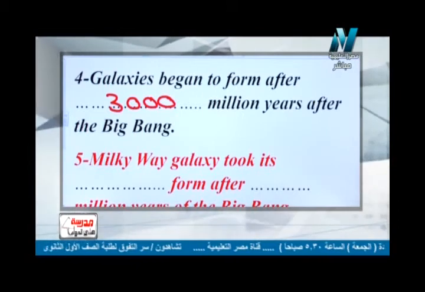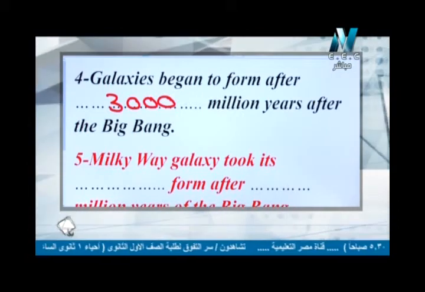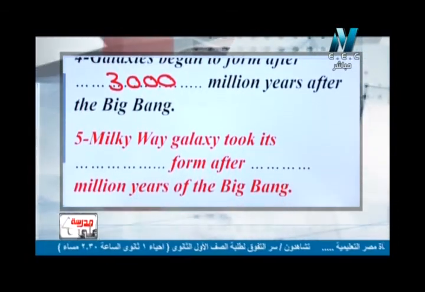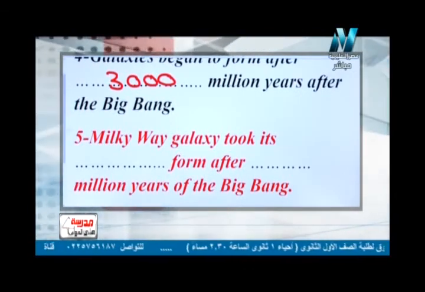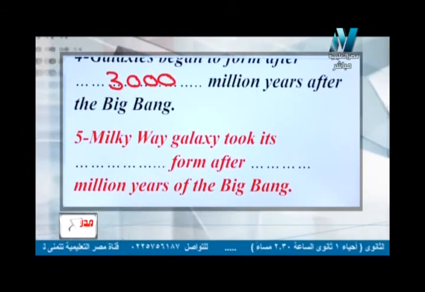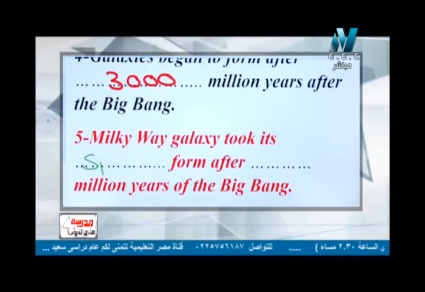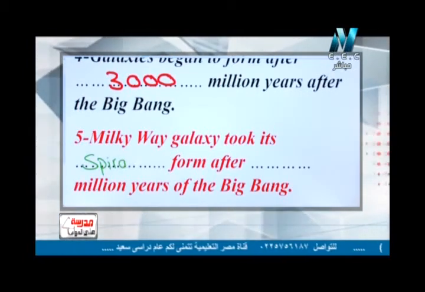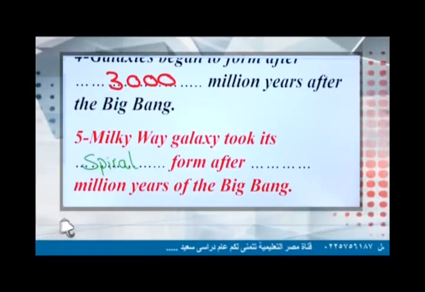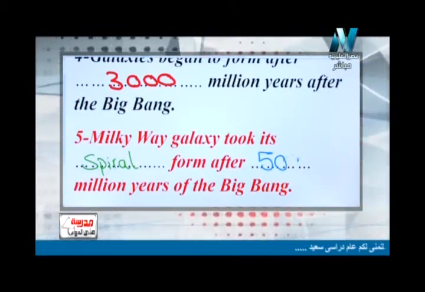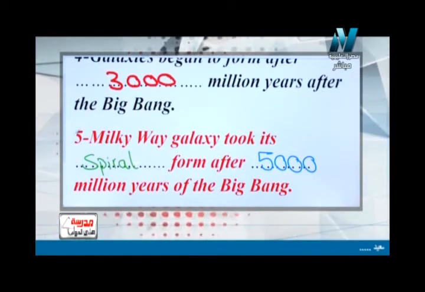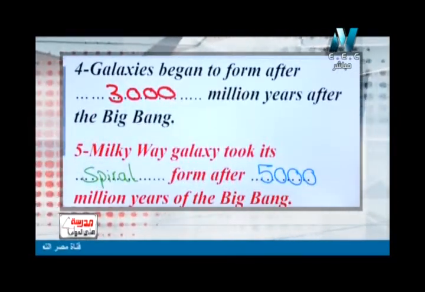But here he didn't specify, so he means the old galaxies. The Milky Way galaxy took its what form after how many? Here we remember the spiral form, its shape. After 5,000 million years of the Big Bang.